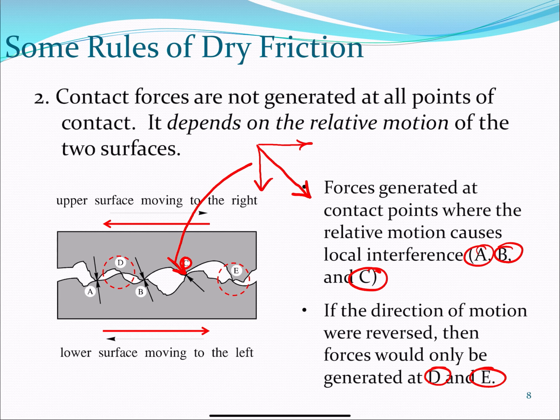I can do the same for all the upper forces, break them down into components, and I can do the same with the lower forces. So everything is broken down into components.